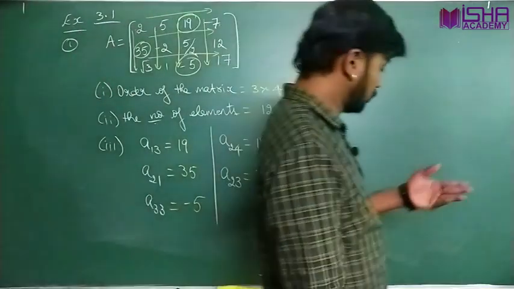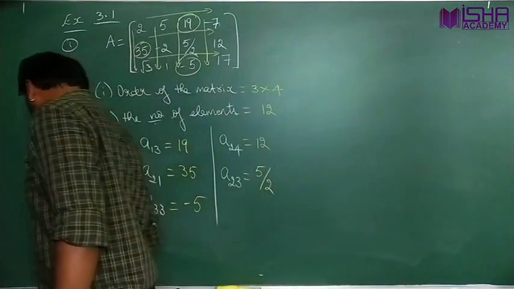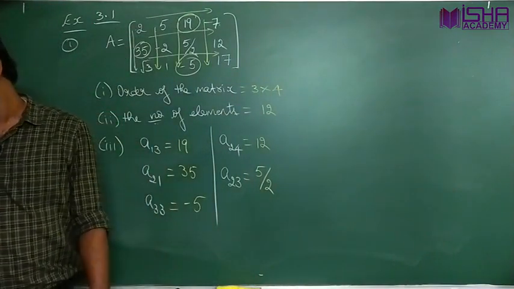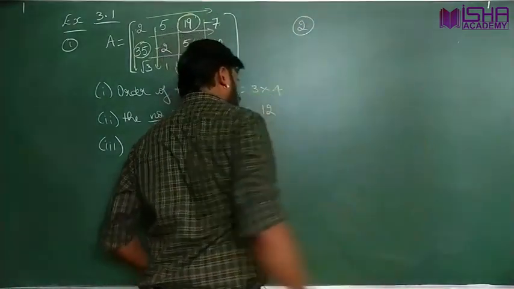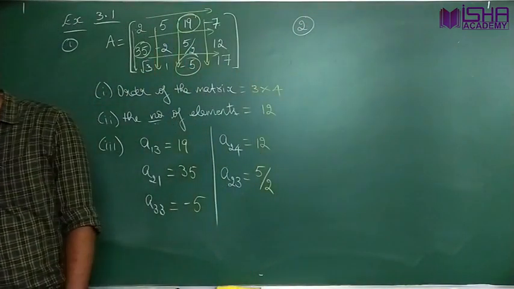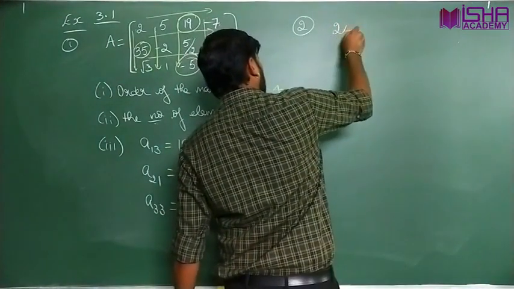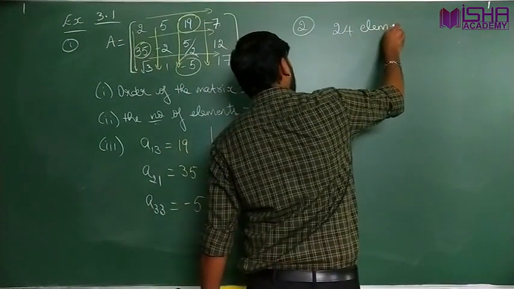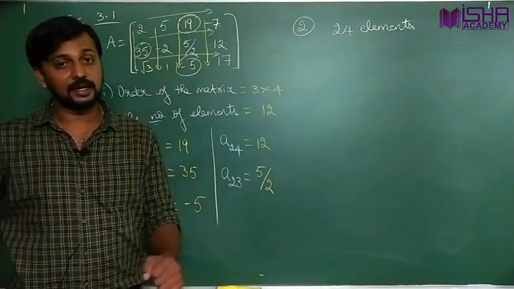Next, question number 2. If a matrix has 24 elements, what are the possible orders it can have?